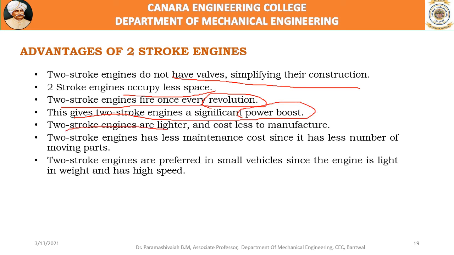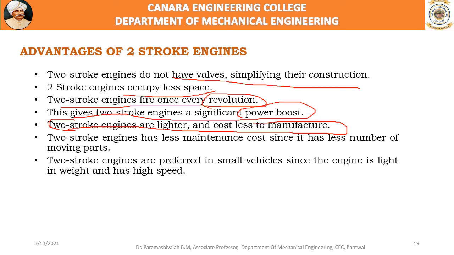Two-stroke engines are lighter and cost less to the manufacturer because the number of components is less. Because in case of a four-stroke engine, we have to install valves, valve openings, valve seatings, and some mechanisms to operate, open and close them.